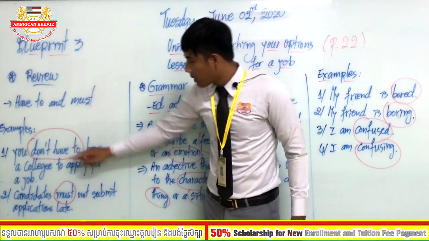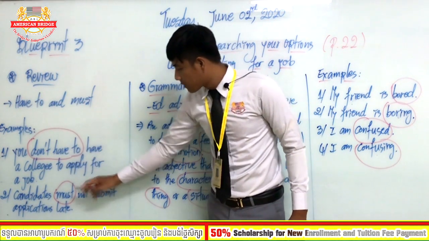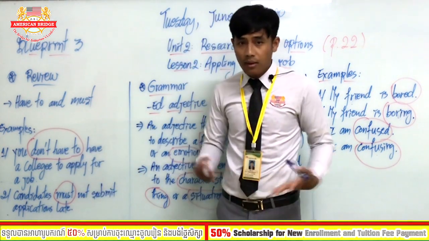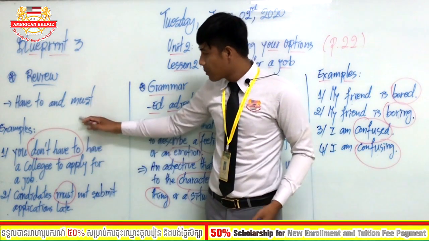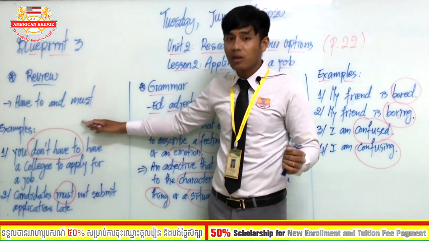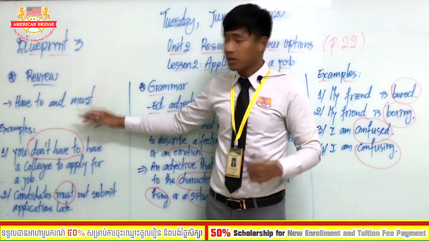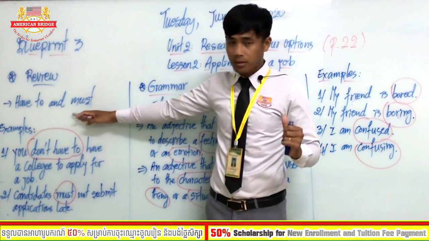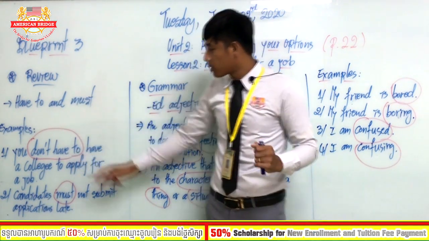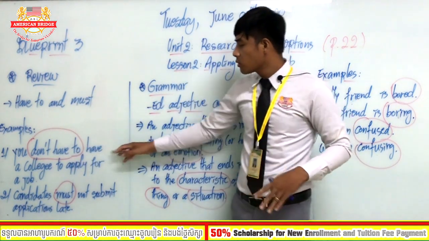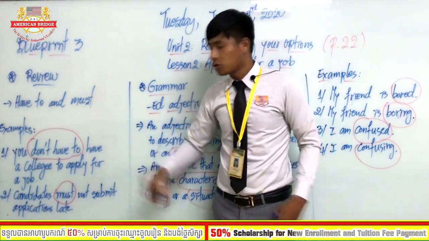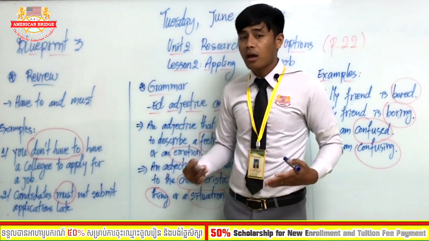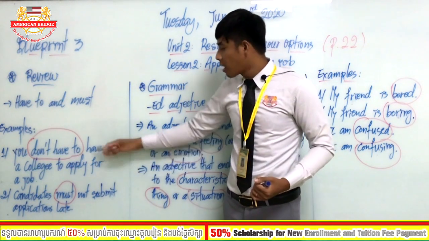Let's see what I have circled here, the important points. Look at the examples to get clear with these two modals. Example number 1: You don't have to have a college degree to apply for a job. This means not necessary.